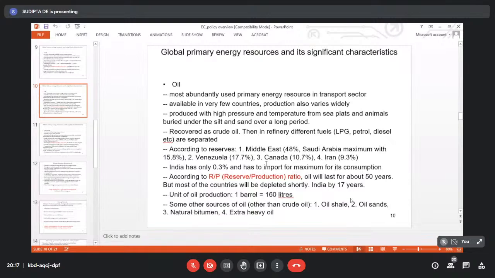The third point is that it is produced with high pressure and temperature from sea plants and animals buried under silt and sand over a long period. The formation of coal and the formation of oil, the original material is almost identical, biomass, but coal is mostly from plant-based material and in the land area, not under the sea.